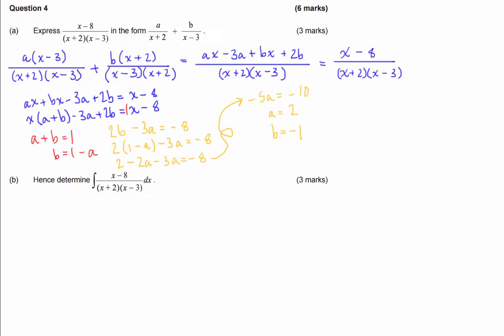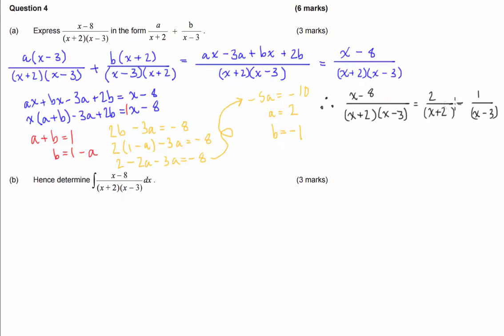Cool. So therefore we can say that x minus 8 divided by x plus 2, x minus 3 is equal to 2 over x plus 2 minus 1 over x minus 3.